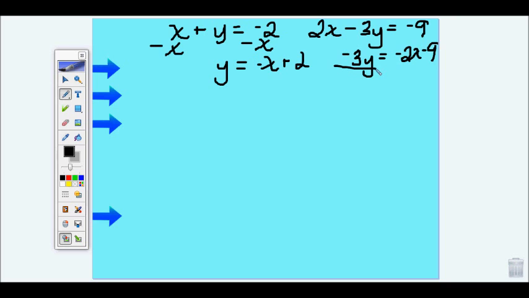And then I need to divide everything by negative 3, and I would get y is equal to, negative 2 divided by negative 3 would be a positive 2/3. So I'd have 2/3 x, and then negative 9 divided by negative 3 would be a positive 3.